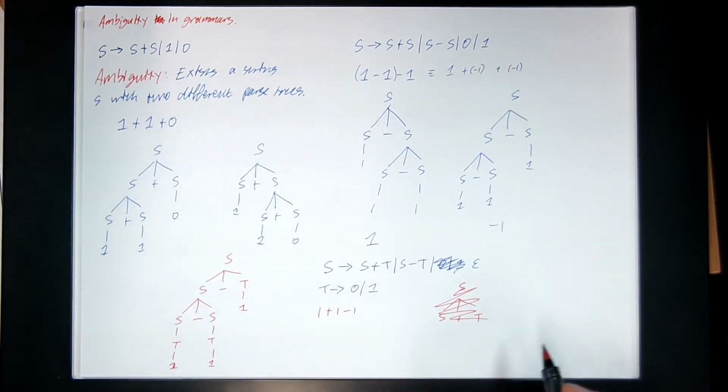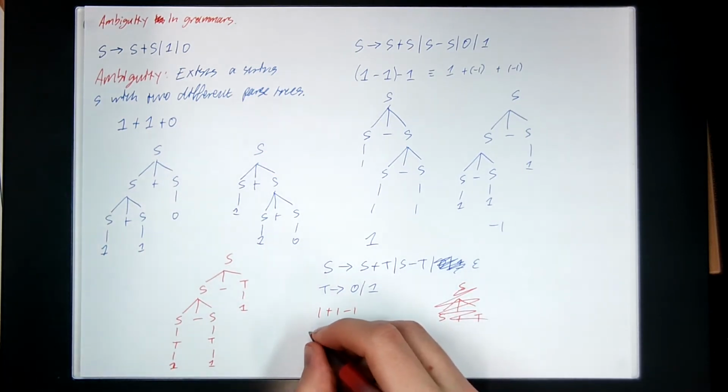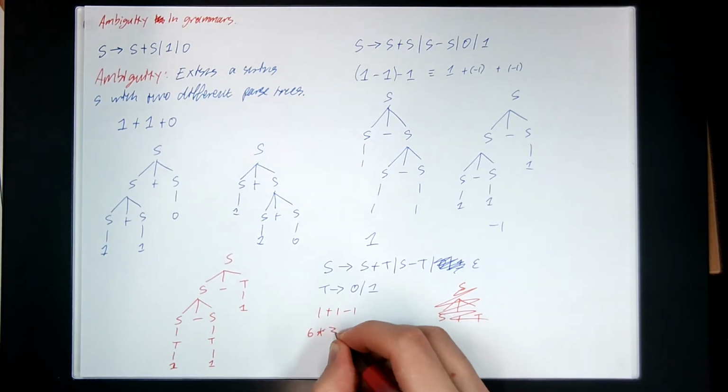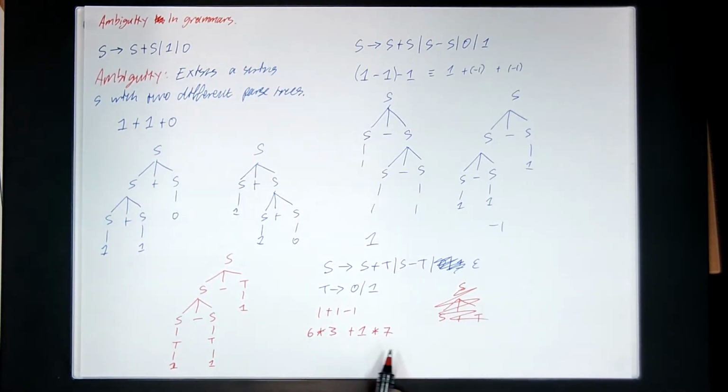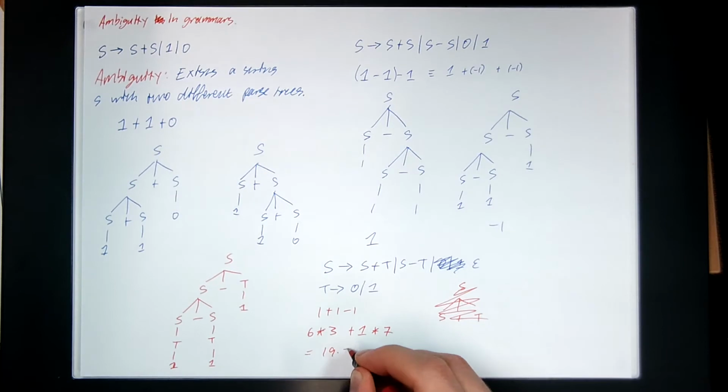But if we add multiplication to the mix, suppose I have, like, 6 times 3 plus 1 times 7. I don't want this to be evaluated left to right. If I evaluate this left to right, I'm going to get 6 lots of 3, which is 18, plus 1 is 19, times 7 is whatever that happens to be, 19 times 7.